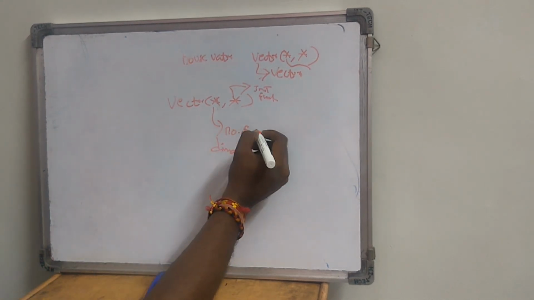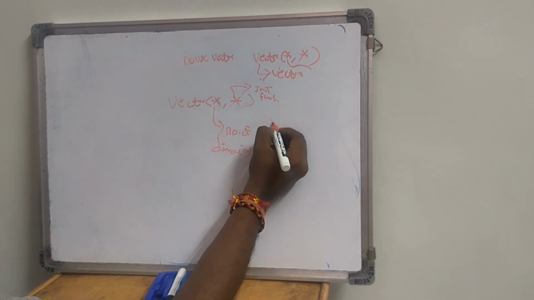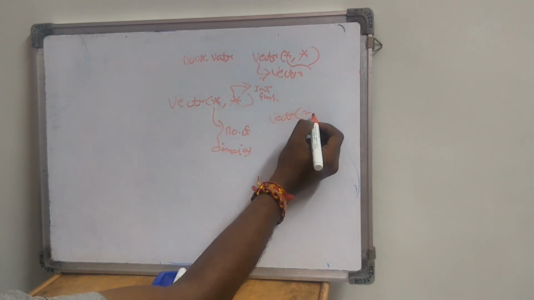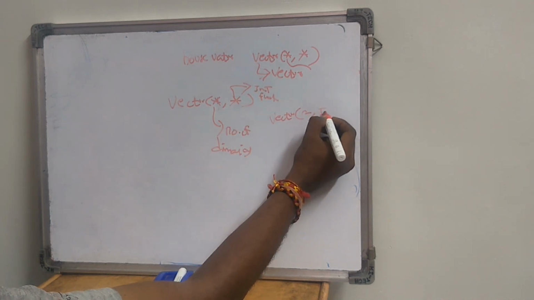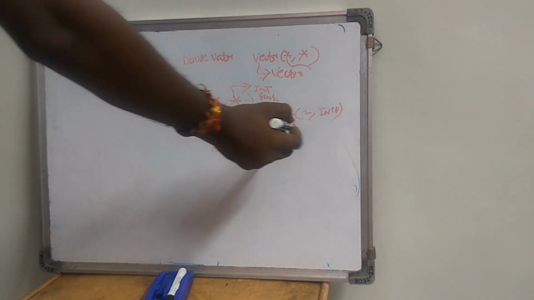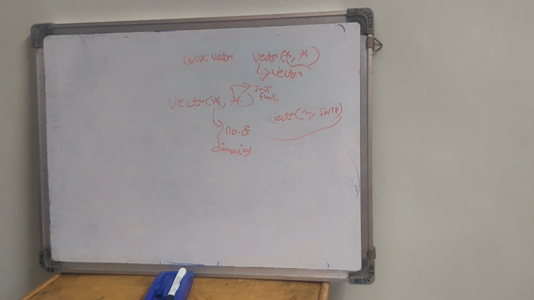Suppose you want a two-dimensional vector with integer storage format, you define it like this: vector with dimensions 2 and storage format int8. If you define the vector data type like this, it will support only two-dimensional vectors with integer storage format.